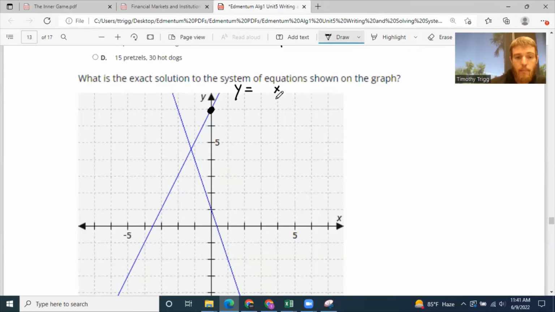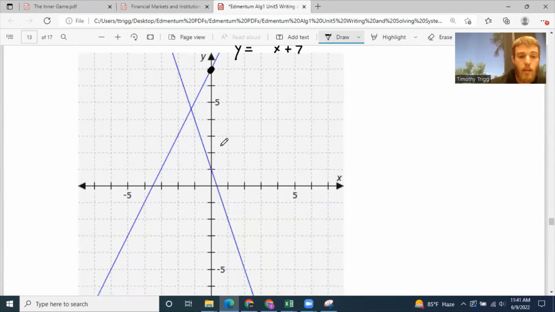I don't know the m yet, but I can see my b, my y-intercept, is 7. Similarly, for this line, it's going to be y equals mx. I don't know the m yet, but I know my y-intercept I could see is 1. So plus 1.